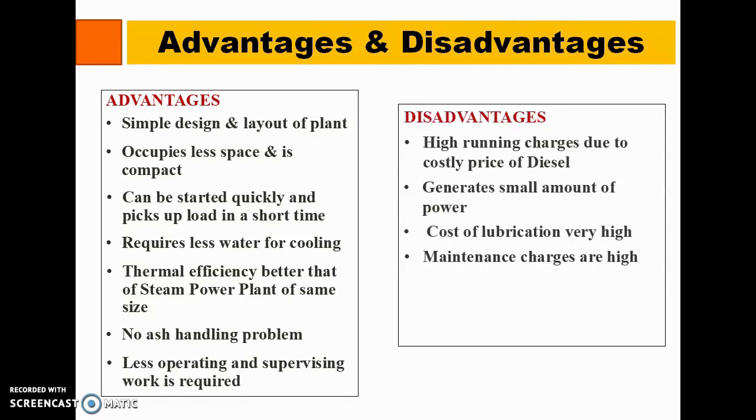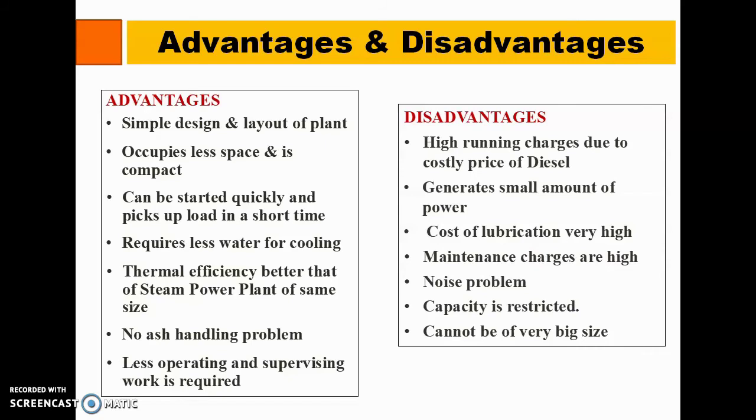Now there are some disadvantages of the system. It has a high running cost, because the price of diesel is quite high, so the running charges of this plant may be high. Then it produces a small amount of power, only a very small capacity.